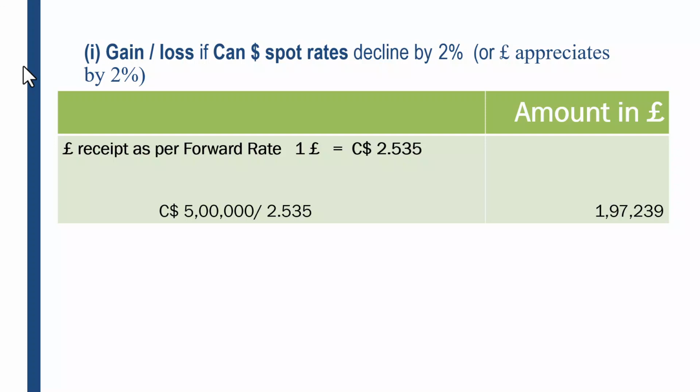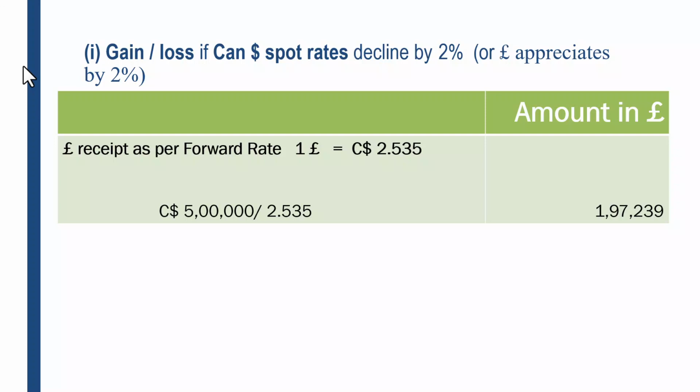Okay. If I had to calculate its rate, I would have done 1 divided by 2.535 to arrive at 1 Canadian dollar is equal to so many pounds. So this I would have done.